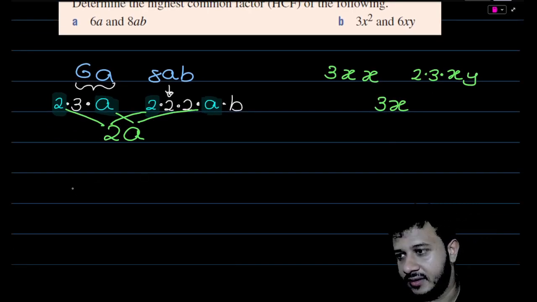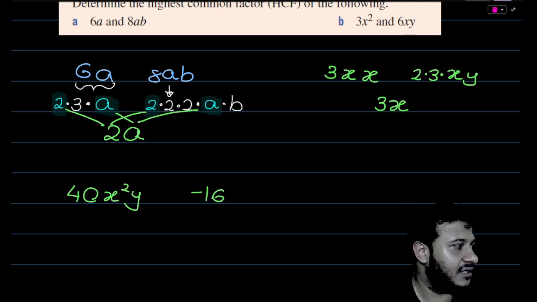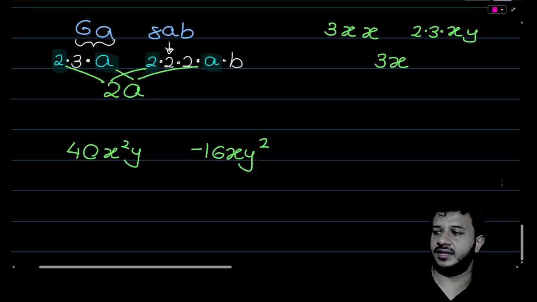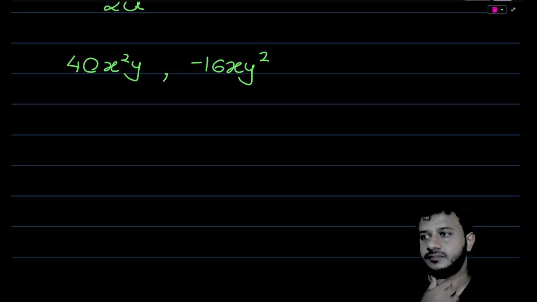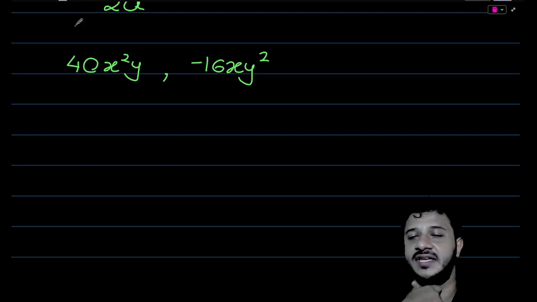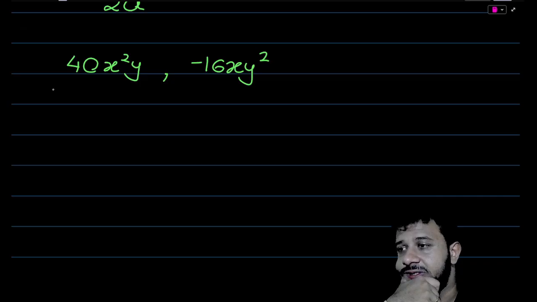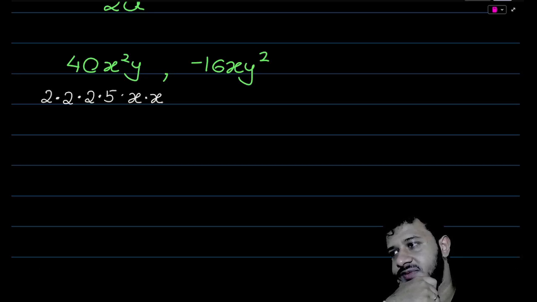Now, if we have 40x square y and a negative 16xy squared, what do we do? These are two different terms. The first term doesn't have a negative, so you don't have to worry about positive or negative. Only if the first term is negative, then we need to worry about the negatives. 40 means 2 times 2 times 2 times 5, and x square y means x times x times y.